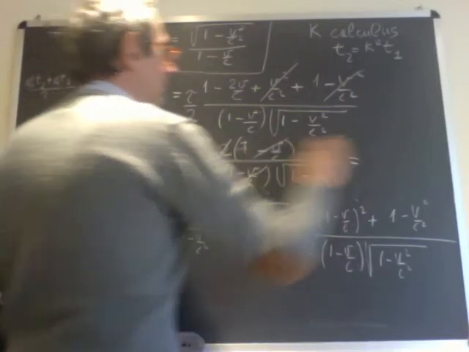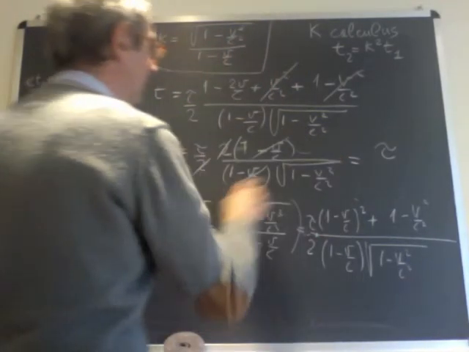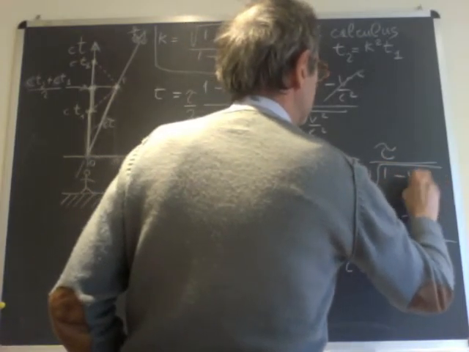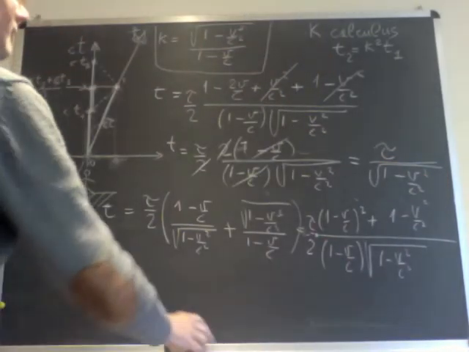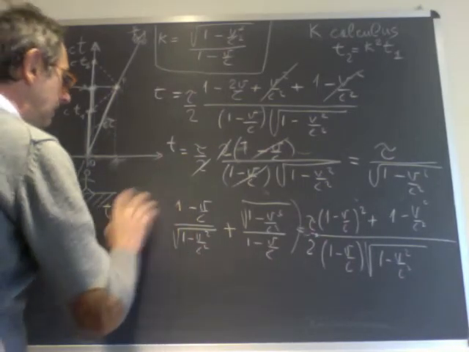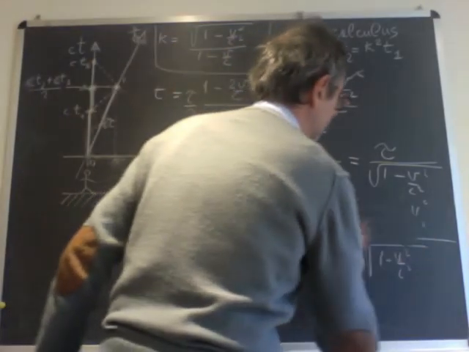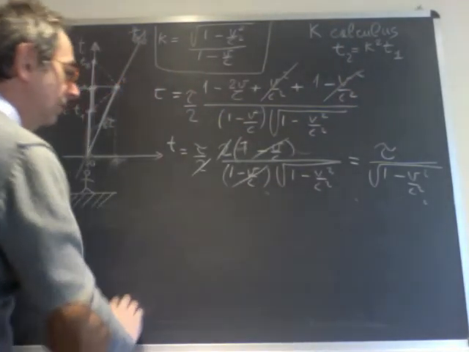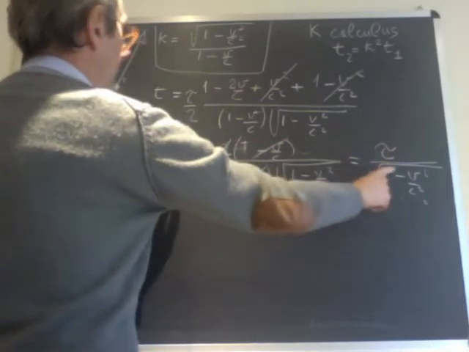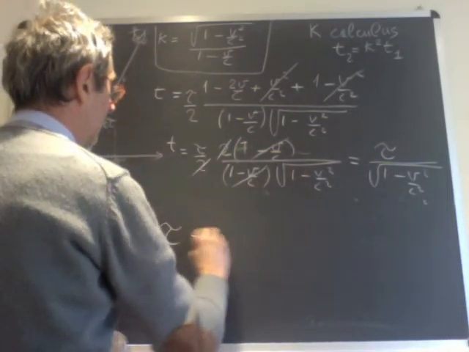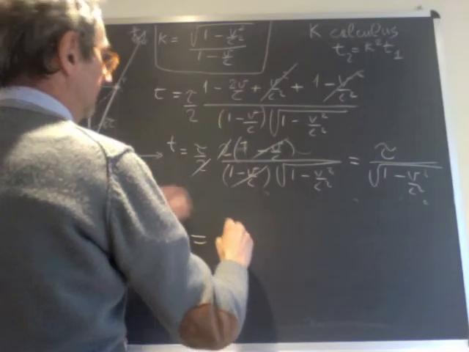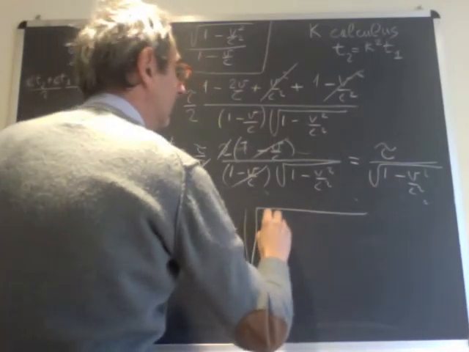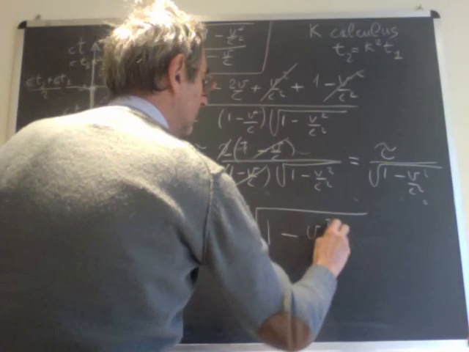So at the end I have that the terrestrial time t is equal to the rocket time tau divided by the square root of 1 minus v squared over c squared. As you can immediately see, we have again the time dilation expression, because from here I get that the proper time tau is equal to t multiplied by the square root of 1 minus v squared over c squared.